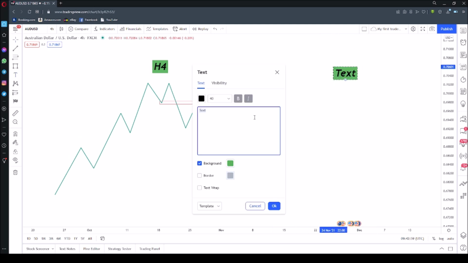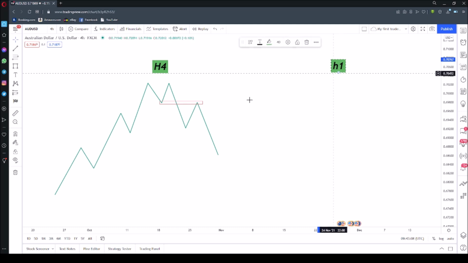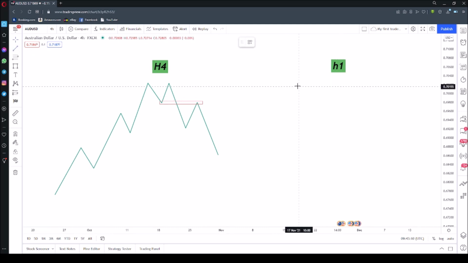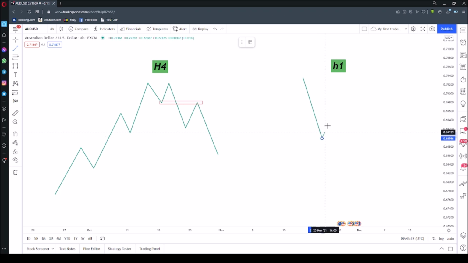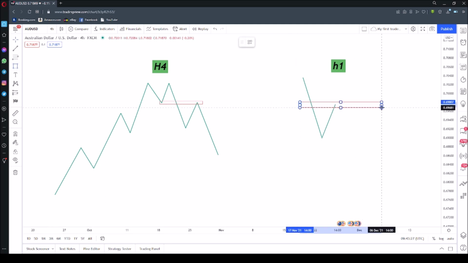an H1 order block for us to participate in the markets, right? So in the H1, the move will now look like this, because it's now magnified. This is where the H4 order block has been constructed, and we are now viewing the markets on the H1 time frame.